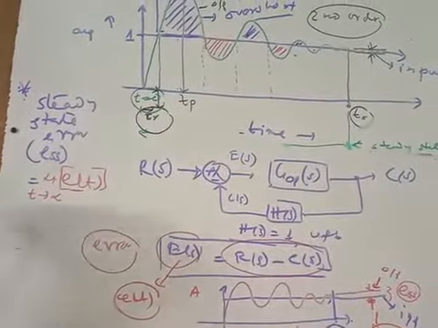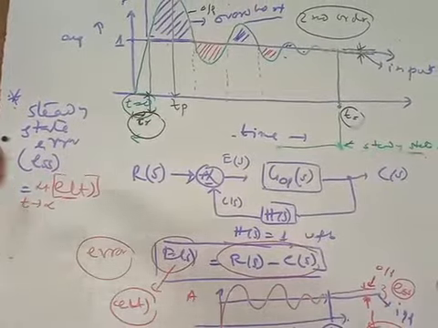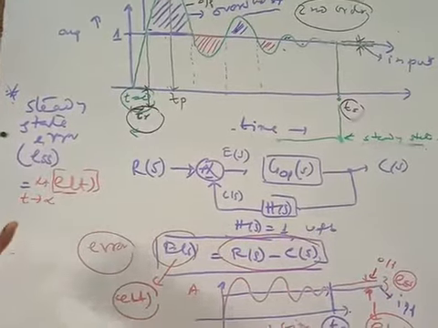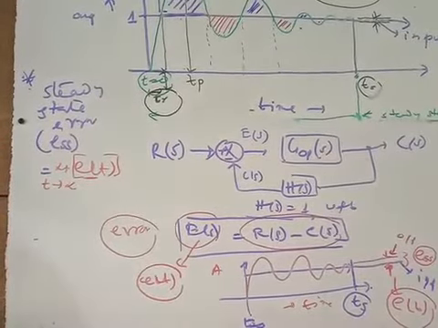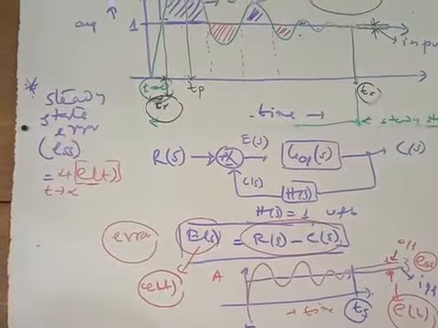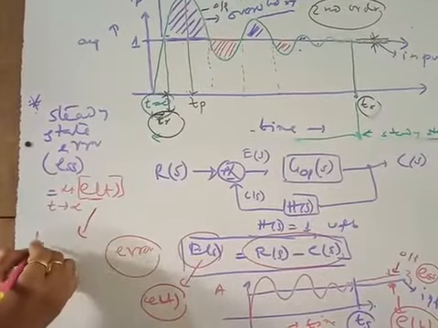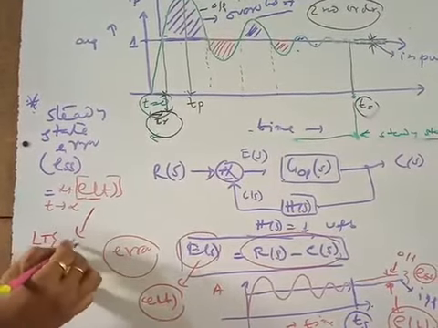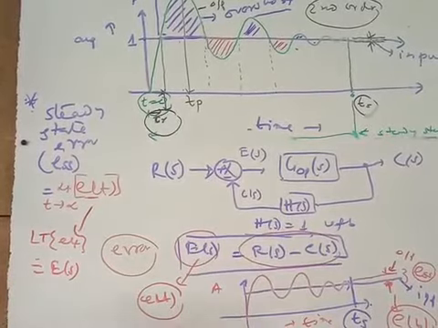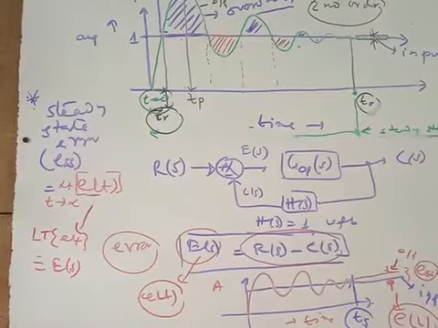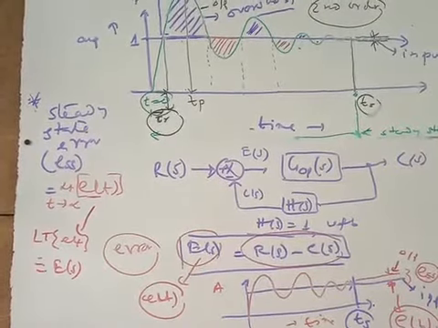Now if you take the Laplace transform of E(t), you will get E(S), right? So the Laplace transform of E(t) gives E(S). And you know the final value theorem. What is the final value theorem of the Laplace transform?